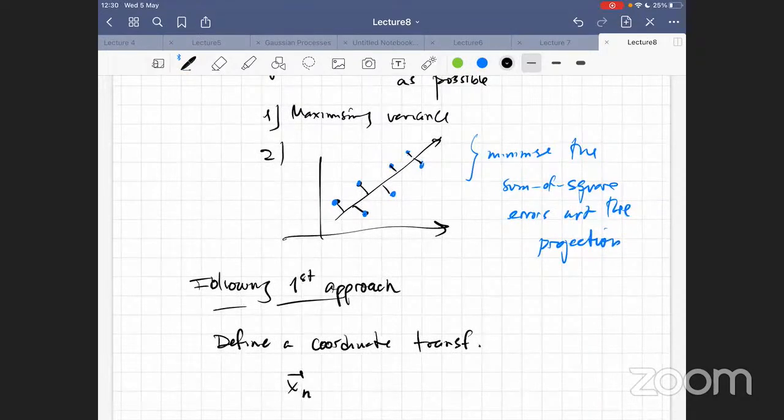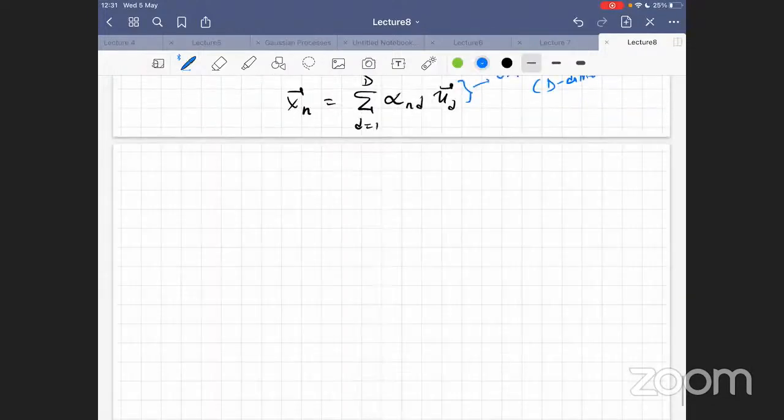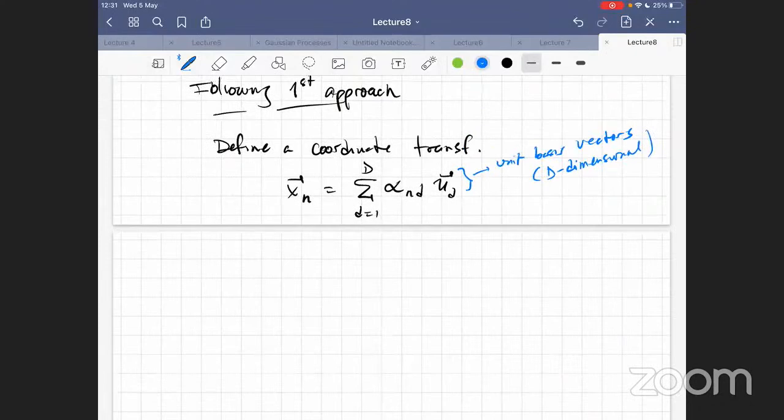I have a point x_n equal to the sum from i=1 to d of alpha_ni u_i, where these objects are just unit basis vectors. They are also d-dimensional and define my transformation, and of course these vectors are unitary. So let me write this as u_i transpose u_j is just delta_ij.